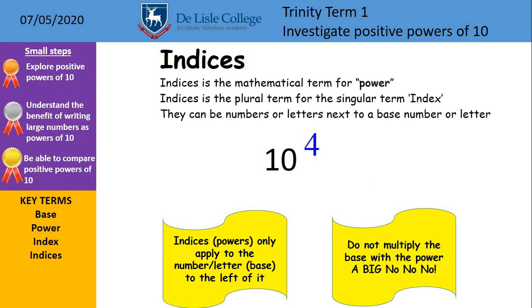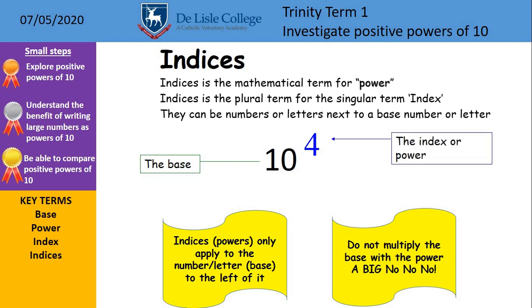Okay, so this can be a number or letter next to a base number or letter. So for the example there, we've got 10 to the power of 4. The larger number there, the 10, the one that's written bigger, that's the base. The 4, the one that's written top right, that is the index or power. Just make sure that you do not ever multiply the base with the power.